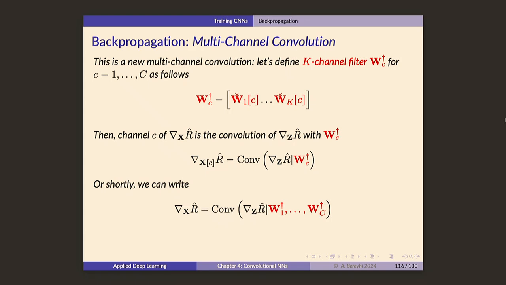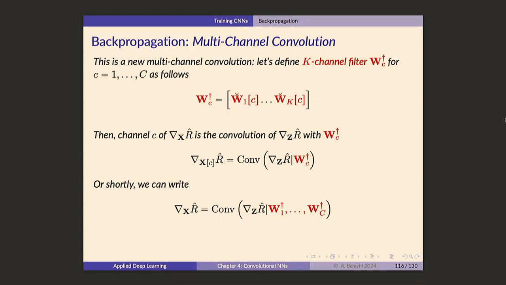Since the final gradient is going to be the collection of all of these C different things, you can simply write it down in this form. So you could say that I had k different filters, and at the output I have k different channels.